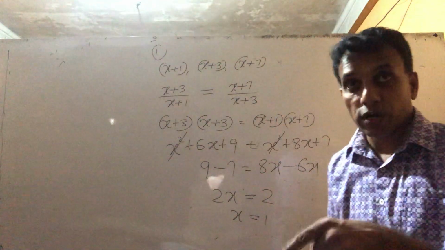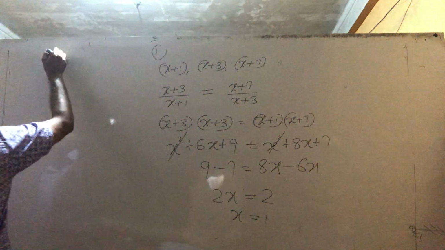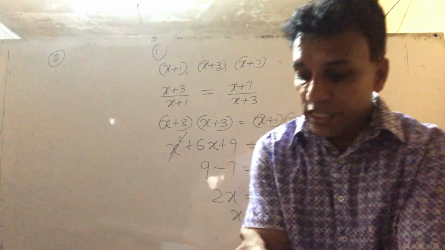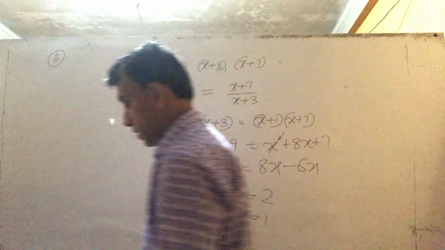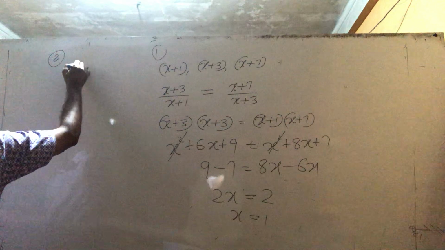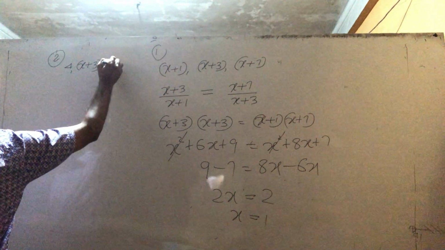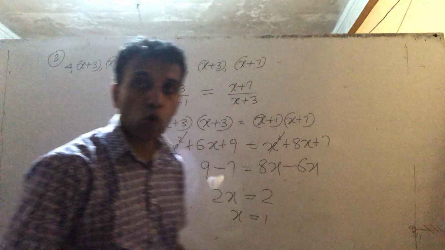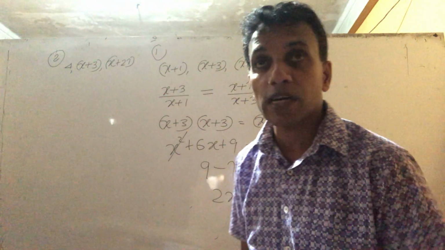Right, a similar problem that's in your book, the question now I am reading. Problem number 2. The first 3 terms of a GP are respectively 4, x plus 3 and x plus 27.